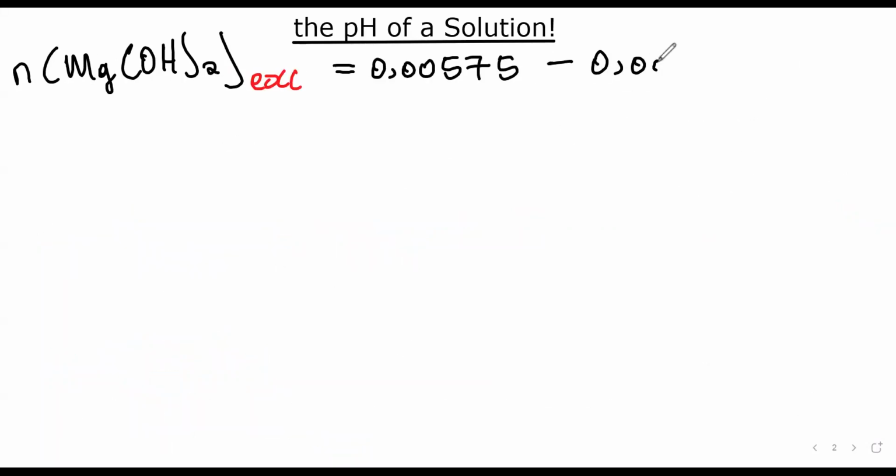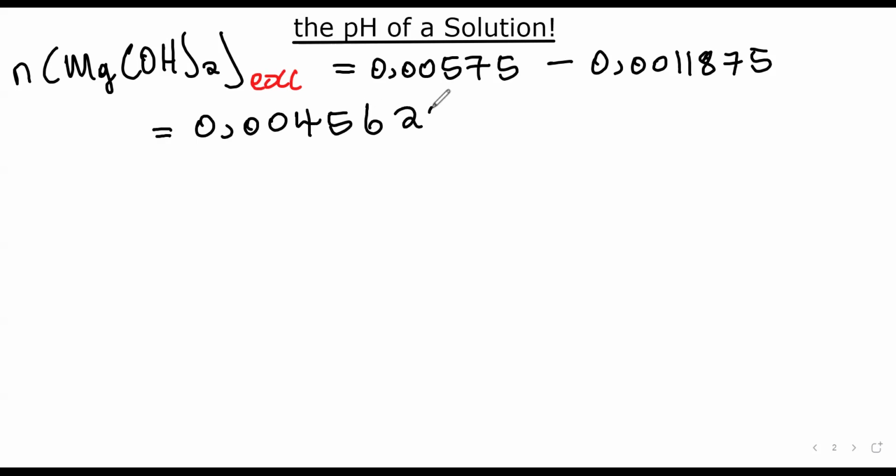So it's 0.0011875. Then when you find the difference between those two, well, we find that 0.0045625 moles of the base are actually in excess.